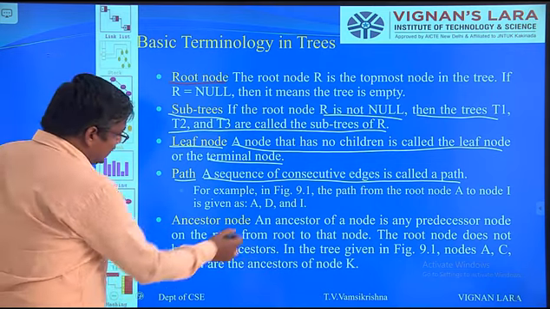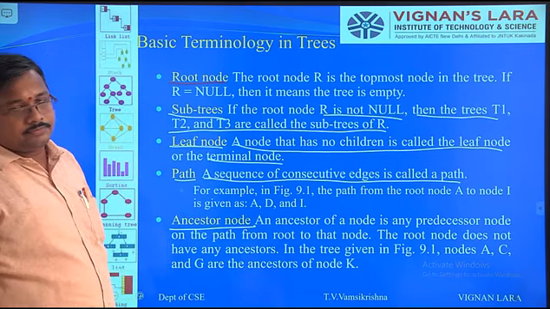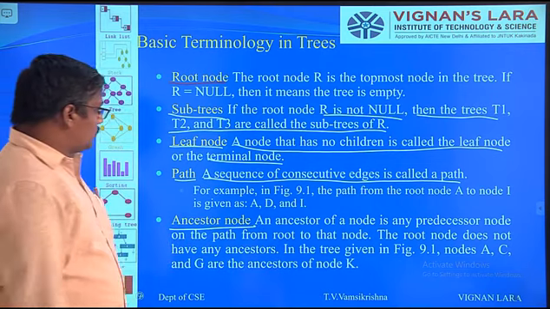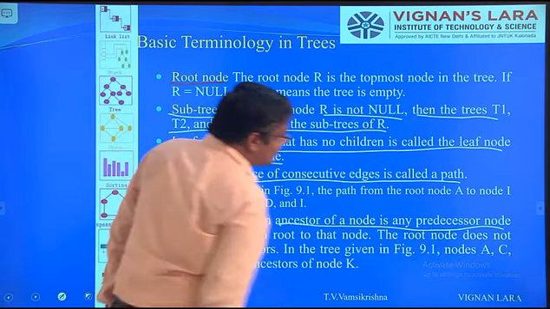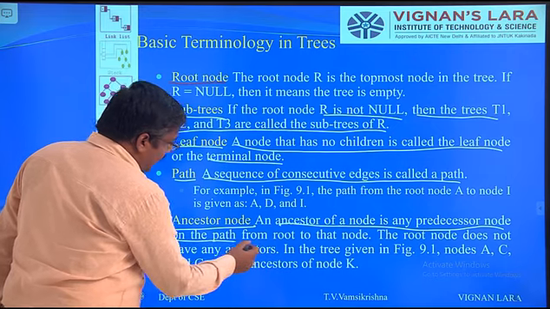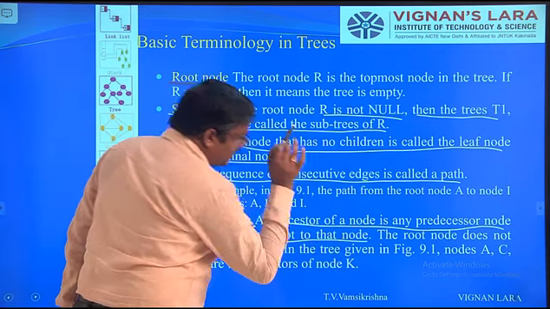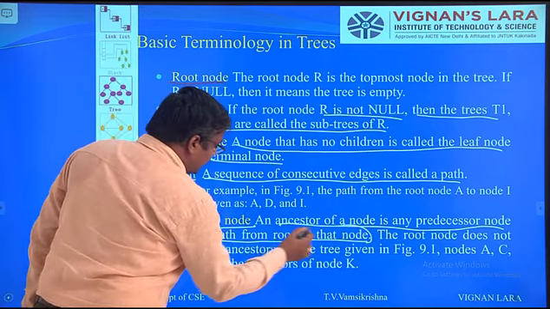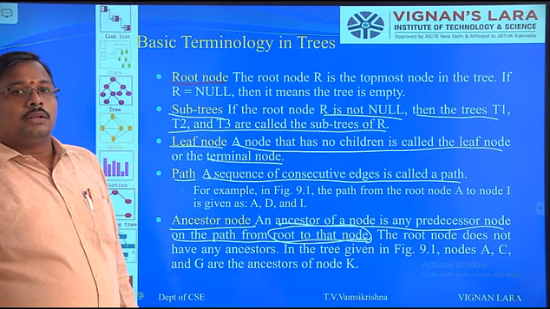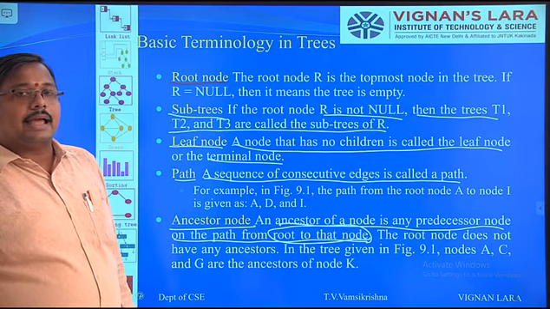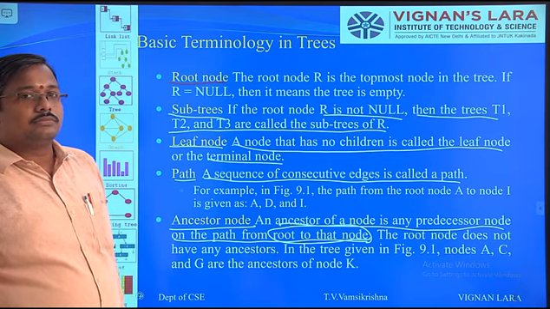That's why in the previous definition they said that a sequence of consecutive edges is called a path. Next, ancestor nodes. An ancestor of a node is a predecessor node on the path from the root to that particular node. This is very, very important. Root to that particular node. Here all are called ancestors except that node.